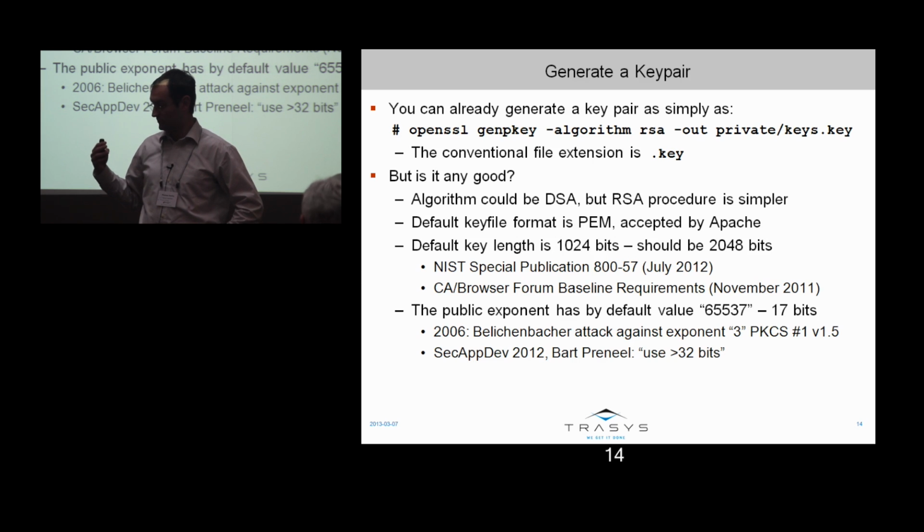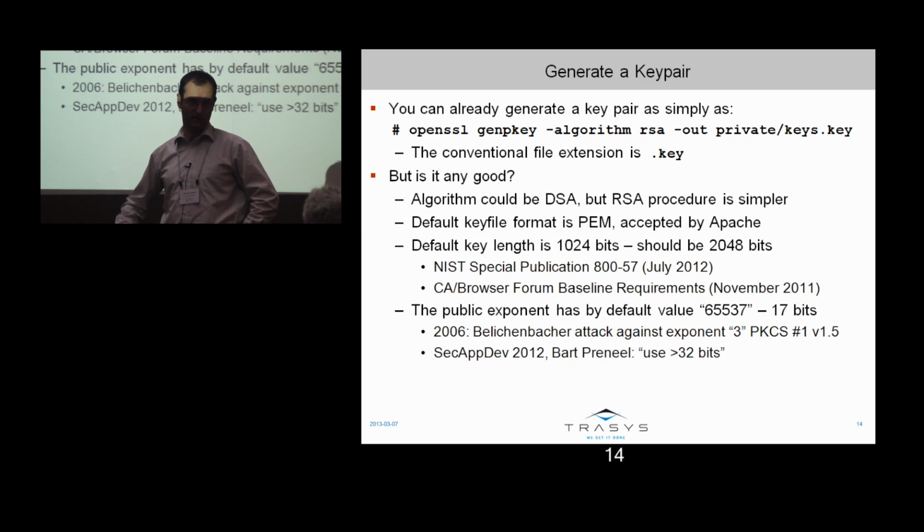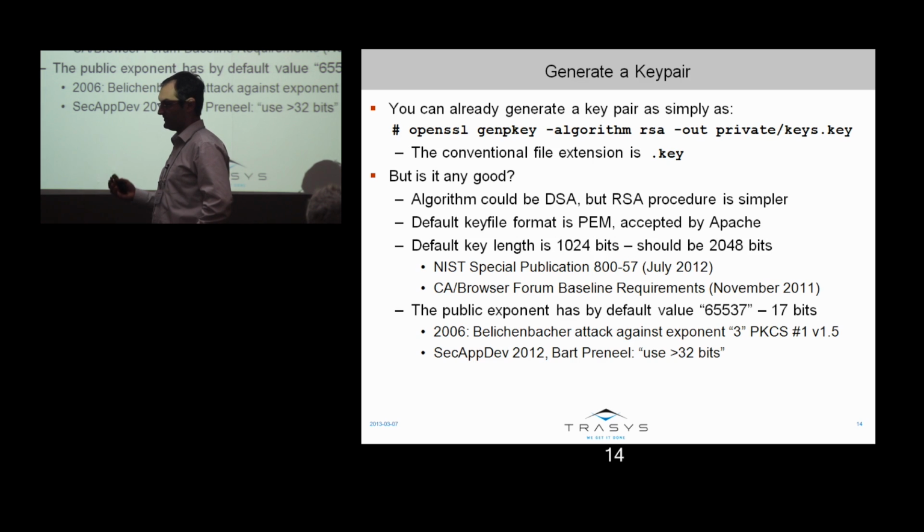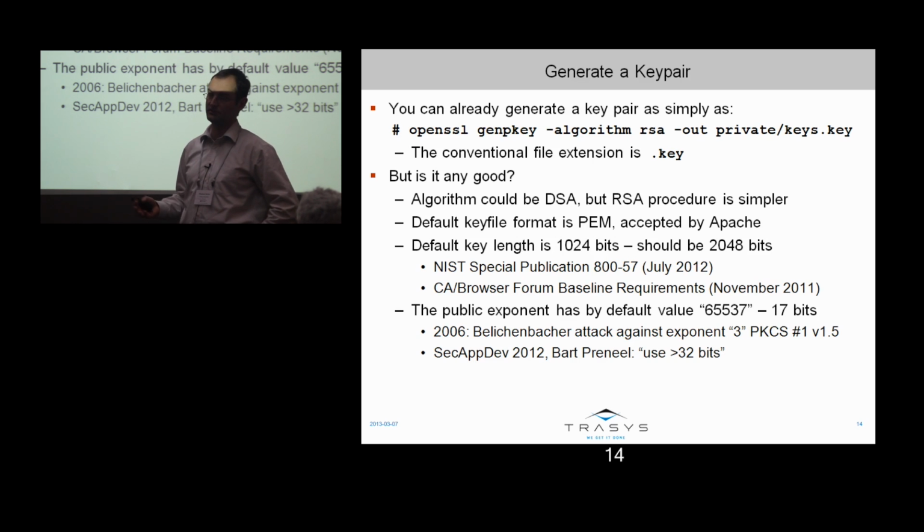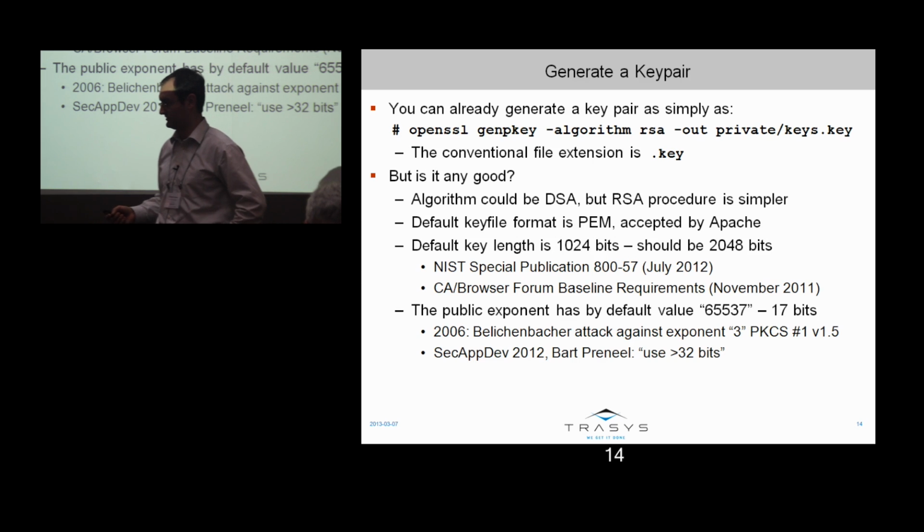And according to the baseline requirements document of the certification authorities and browser manufacturers forum, and according to what Bart said earlier this week, we should give up 1024-bit RSA keys because the security margin is not good enough. Okay, so in that case, we decide that the length should be 2048 bits, and in a moment we will see how we get our wish.